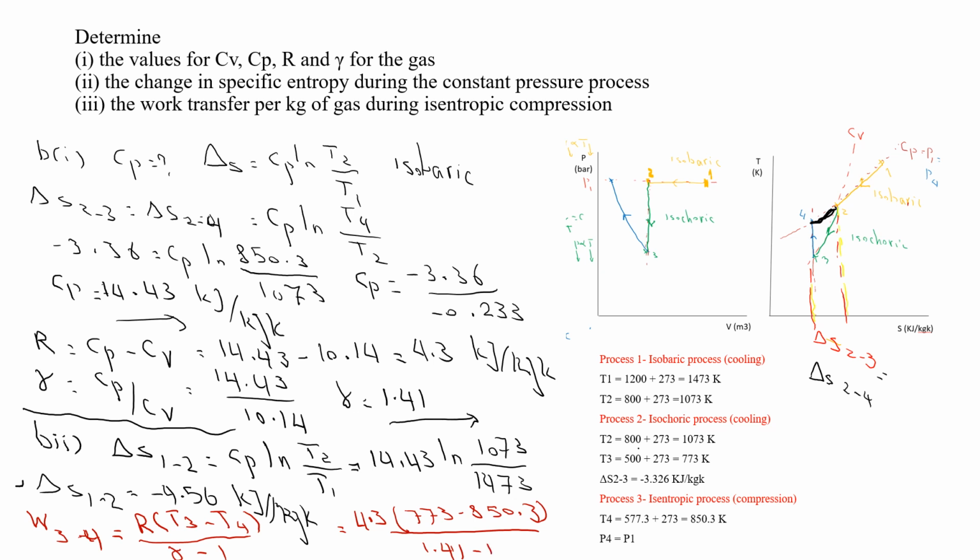So from this we get W34 is equal to minus 810.71 kilojoule. So as it is minus, that means work on the gas. So now the solution is complete.